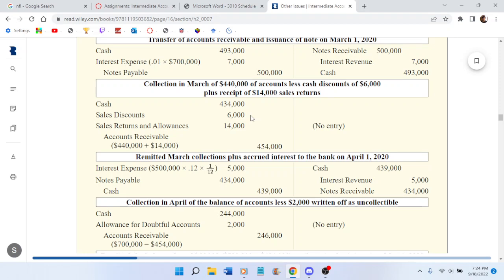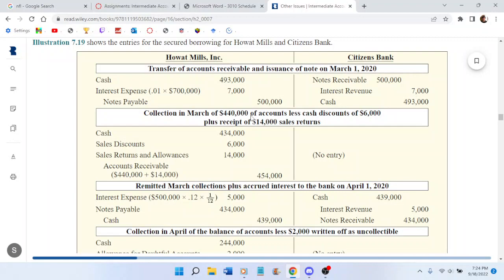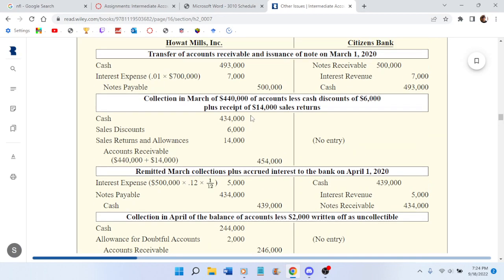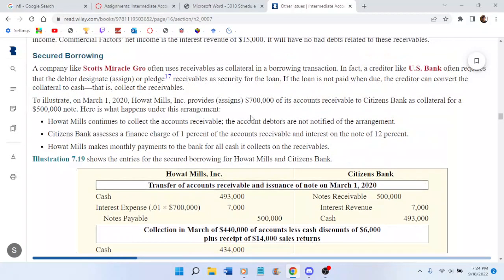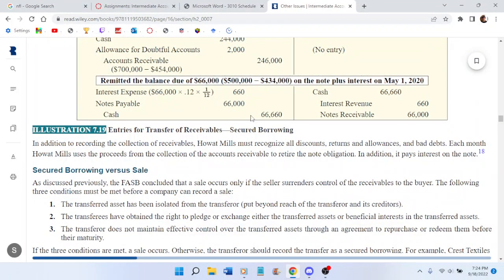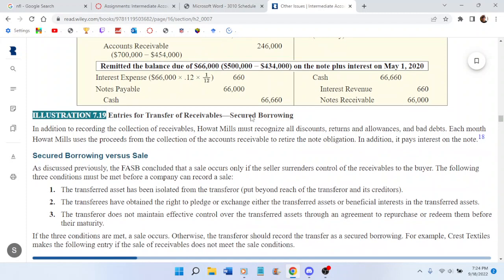In the final entry, the accounts receivable account was decreased by 246,000. Why? Can you explain this? Oh my gosh.